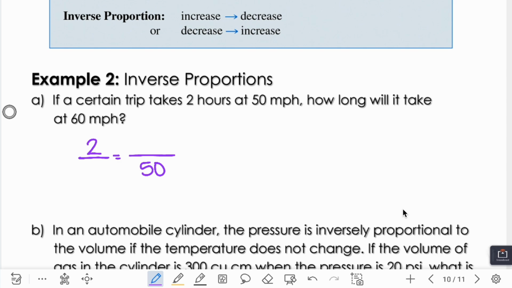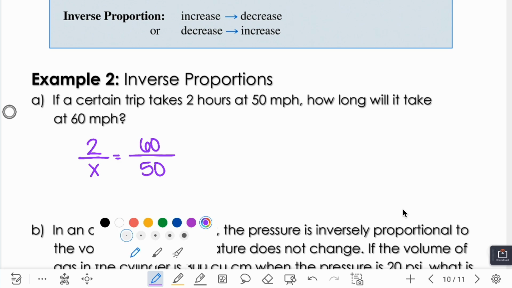So when I multiply, I should be taking 2 hours times 50 for my cross product. Then it says, how long will it take? That's our x, our hours, at 60 miles per hour. So the first trip at 2 hours over the second trip at x hours is equal to the second trip's speed divided by the first trip's speed. So we flipped that second fraction.